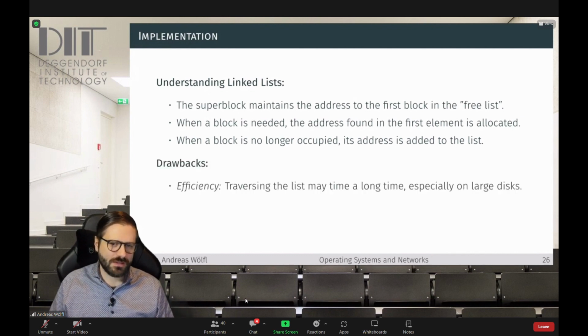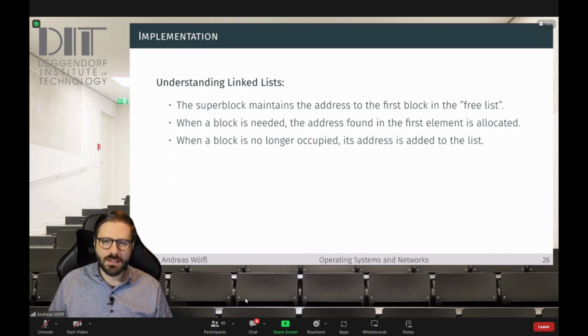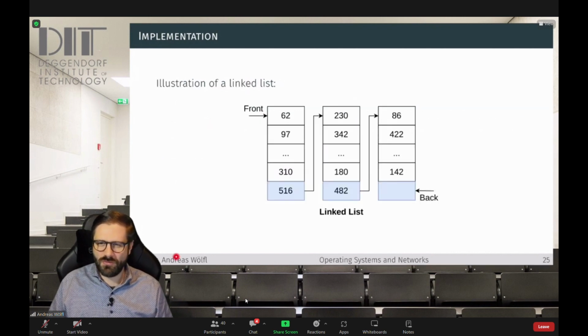This has some drawbacks. There are reasons why it is not employed today. Efficiency: traversing the list may take a long time, especially on large disks. And there you might wonder why. Why do we need to traverse the list? We just take the blocks from the front. Well, yes, you could do this, but there is a very severe drawback.